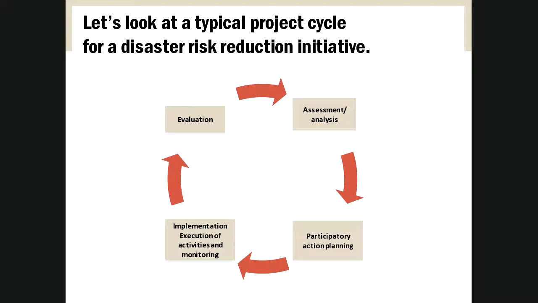But if we look at the cycle, let's go back to the slides. If we look at the cycle of disaster risk reduction, you'll see that throughout the cycle of risk reduction, you are doing assessment. Assessment is often what we do to identify the hazard or the vulnerability or the capacity. Some people call it a participatory vulnerability capacity assessment, or PVCA. Some people call it HVCA, like hazard vulnerability capacity assessment. But in many ways, it is an assessment that identifies specific aspects to the risk that is pertaining to the population.